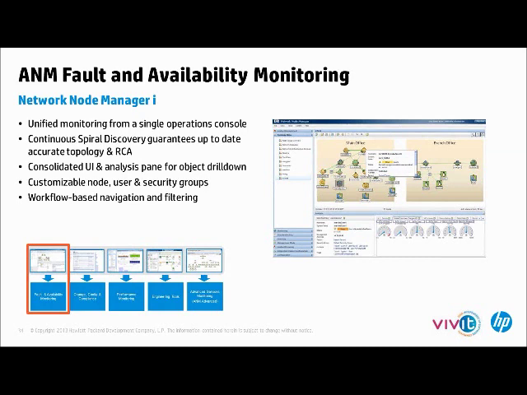Inside of NNMI is something that we call spiral discovery technology that really guarantees that we discover all aspects of the network, all objects of the network. As we're discovering those objects, we really want to take a look at network performance, and we really don't want to impact network performance. So what we do is we discover the network in phases. So you'll never see Network Node Manager's network discovery contributing to a large amount of traffic on the network.